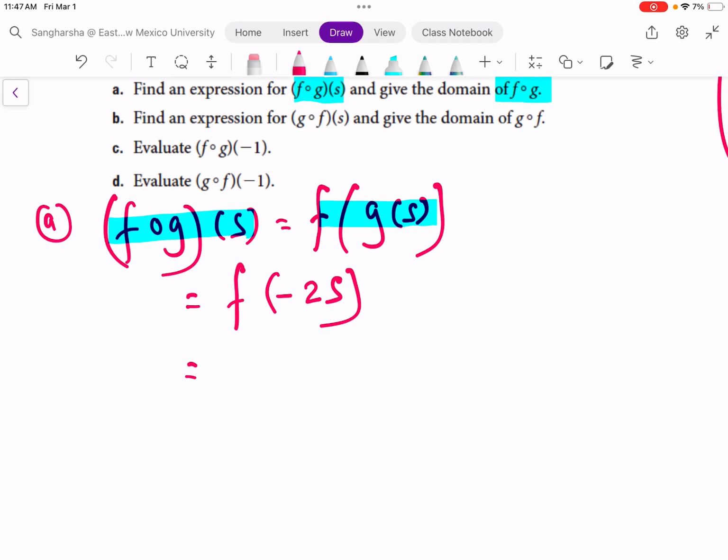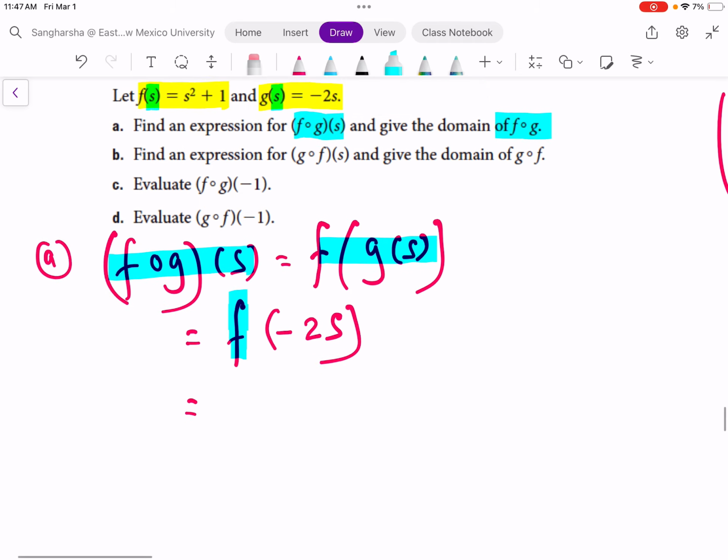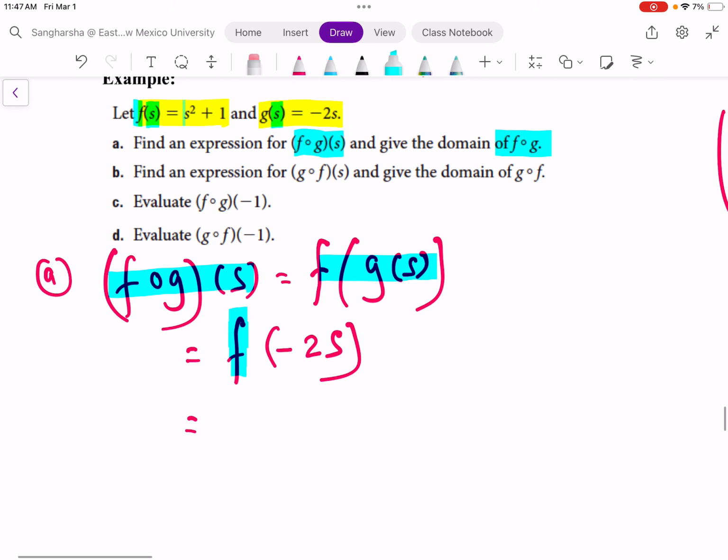Okay, so this is the f function, right? We do have the f function as s square plus 1, and this is our input. Whatever you have inside the parenthesis is the input. So you substitute negative 2s for every s in your f function. So for s, you substitute negative 2s.